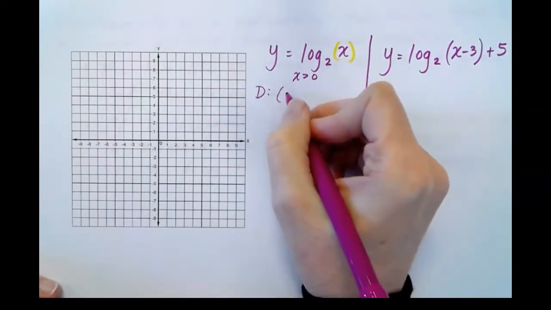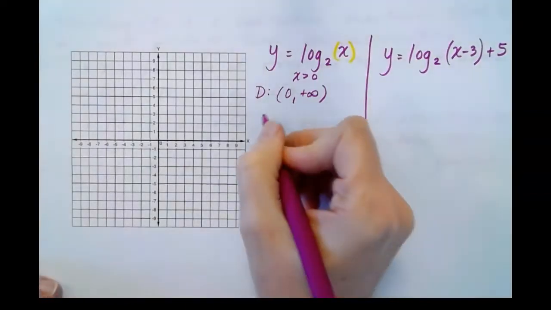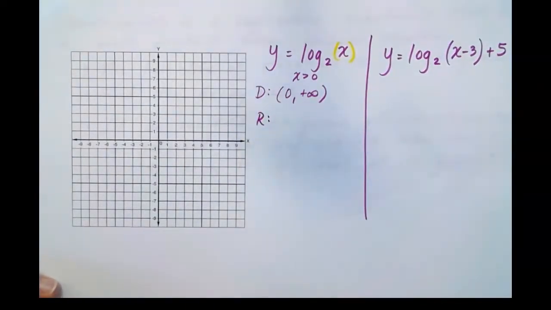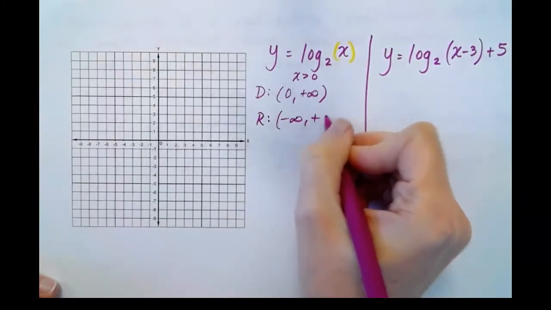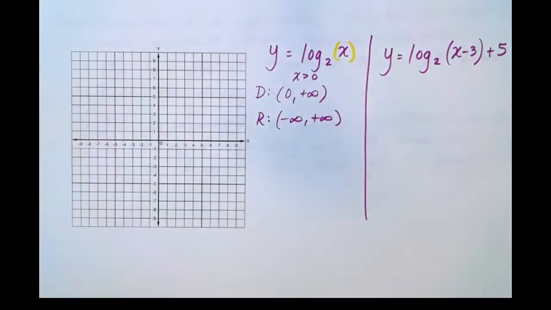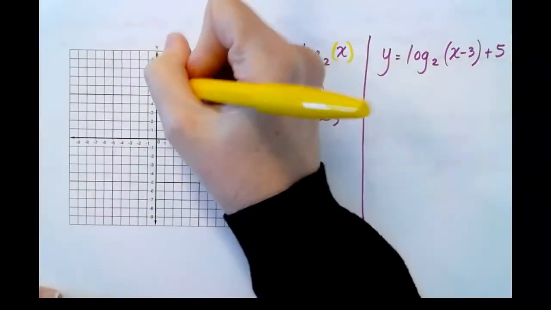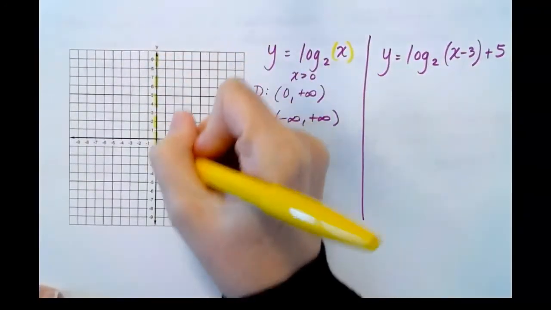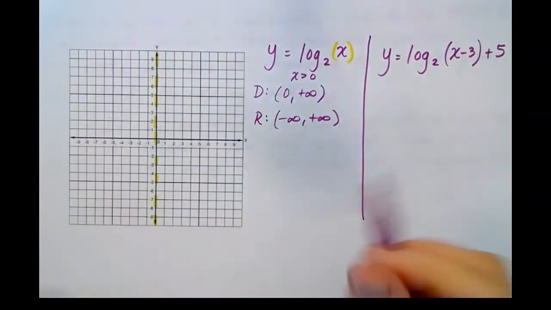So our domain is going to be all positive numbers, but the range will be what we saw for the domain of the previous one. The range will be all real numbers. So the exponential functions had a horizontal asymptote. The logarithmic functions will have a vertical asymptote. So a vertical asymptote right here at x equals 0 for the parent function.